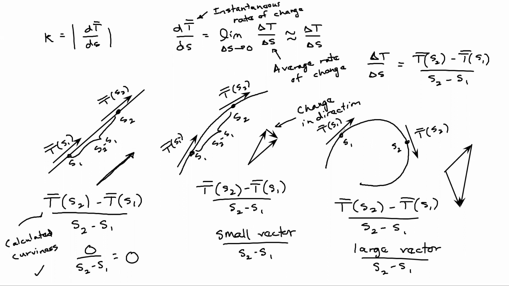The direction that you're moving in is going to change a lot as you go around the outside of the curve. And so if you calculate the difference in those vectors, you end up with a large vector in the numerator. And so thus, don't forget these lengths here, if you throw the lengths around this, this produces a small quantity. And if we throw lengths around this, this produces a large quantity.